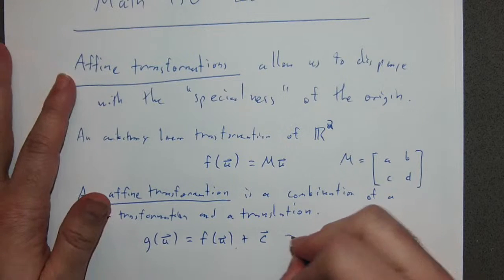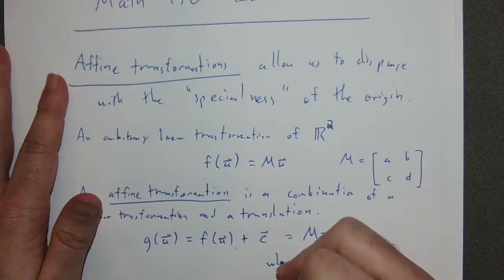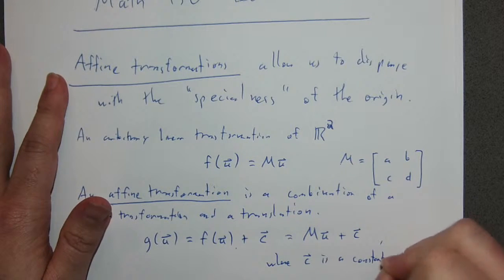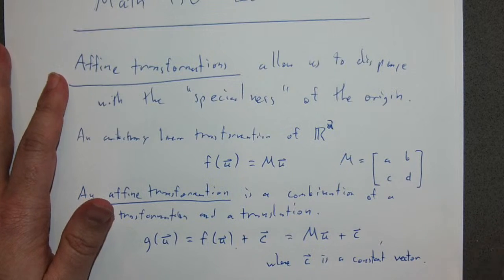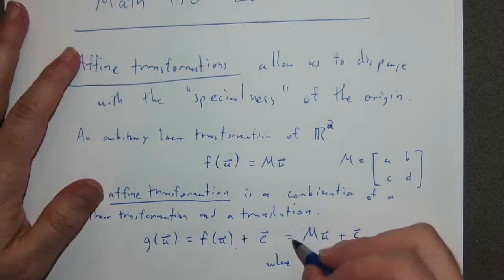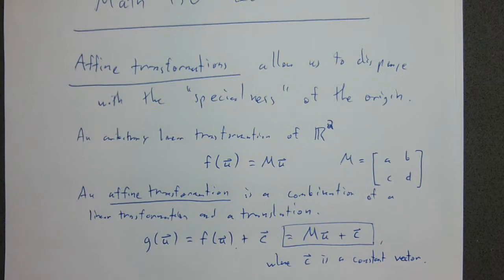That is, it's like M times U plus a constant vector C, where C is a constant vector. So this is what a generic affine transformation looks like. It's of this form.